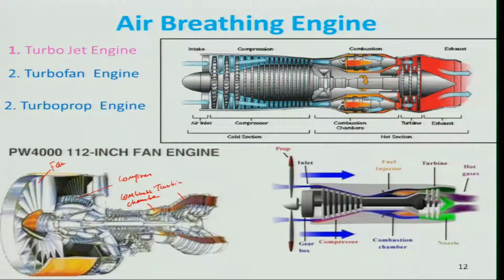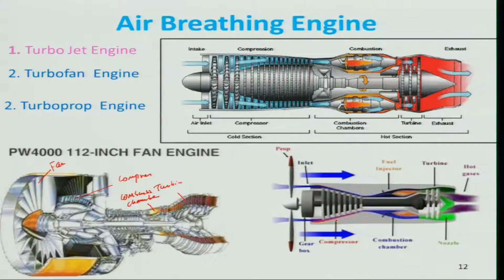Keep in mind that the work harnessed by this turbine will not only run the compressor, but also run the propeller through a gearbox, because the compressor is run at a very high RPM, whereas the propeller cannot really run at that RPM because of several problems. So, therefore, we need to use a gearbox.